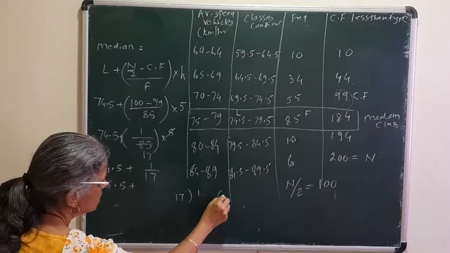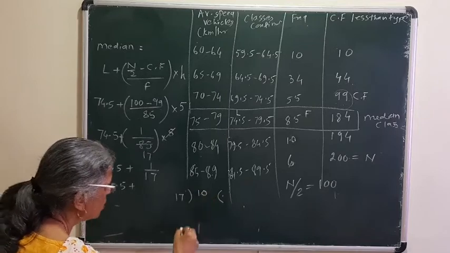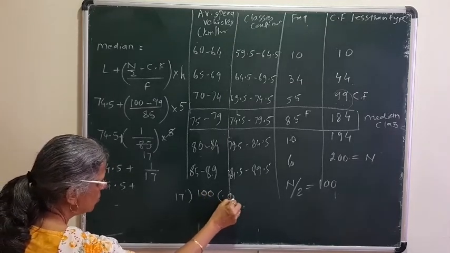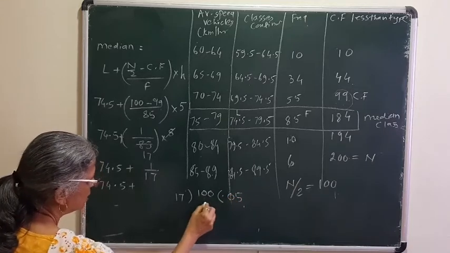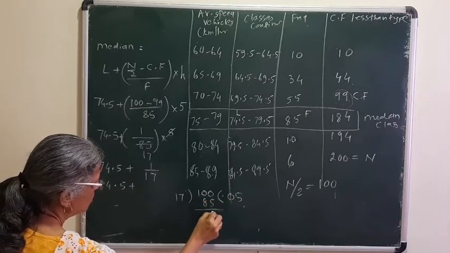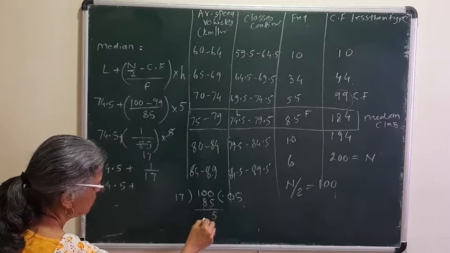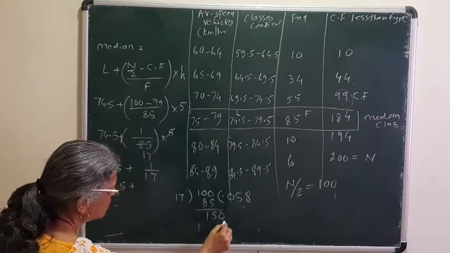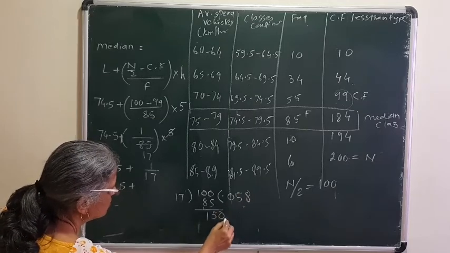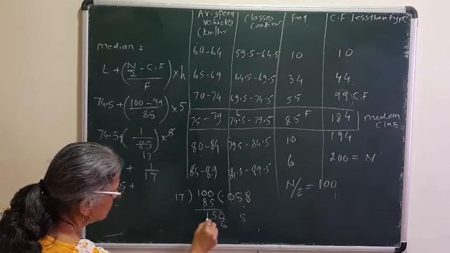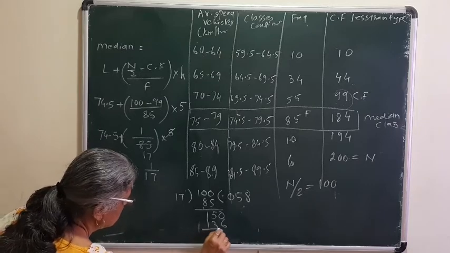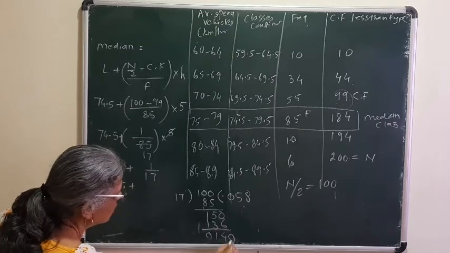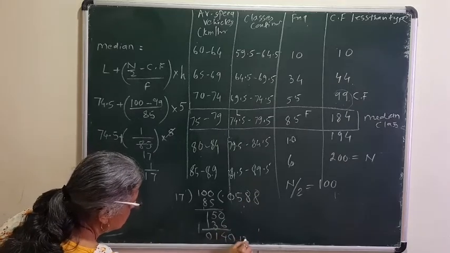Here take a decimal point and 0, again not divisible by 17, so I will take another 0. 17 fives are 85. Then 17 eights are 136. Then again 136.